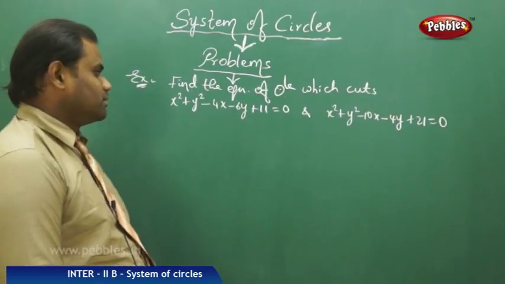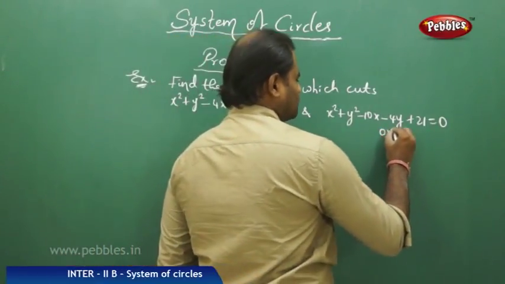So we have to find the circle which cuts this and this orthogonally.